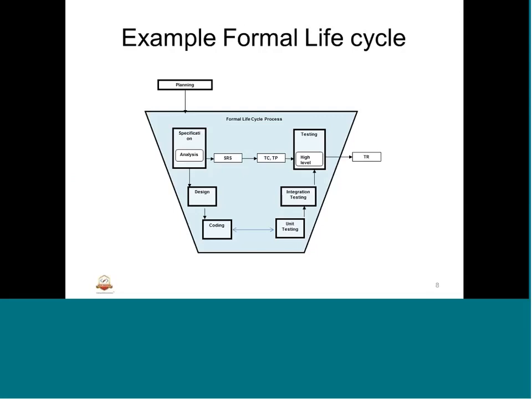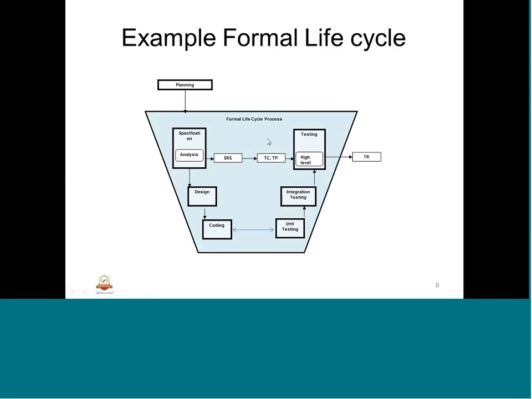A formal life cycle, we know that it's a V shape. Why? Because on the left hand side we have finalized requirements or specification, then we have a design next to that, then we have coding, then in parallel to that the various aspects of testing are carried out.